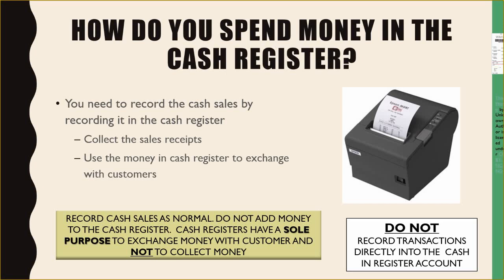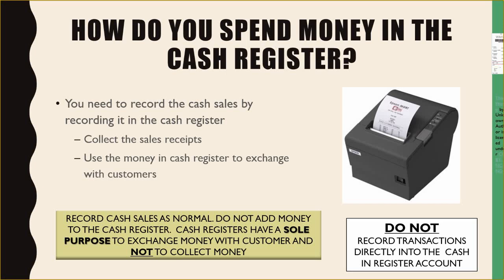Okay, with registers, you usually have some kind of system where you have a copy for the customer and a copy for yourself. And that copy for yourself is where you go ahead and set it aside.